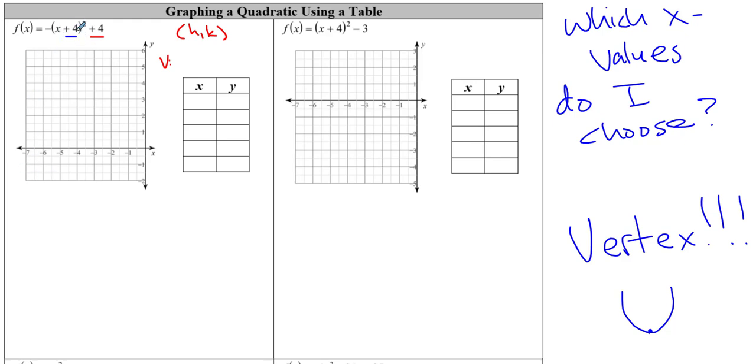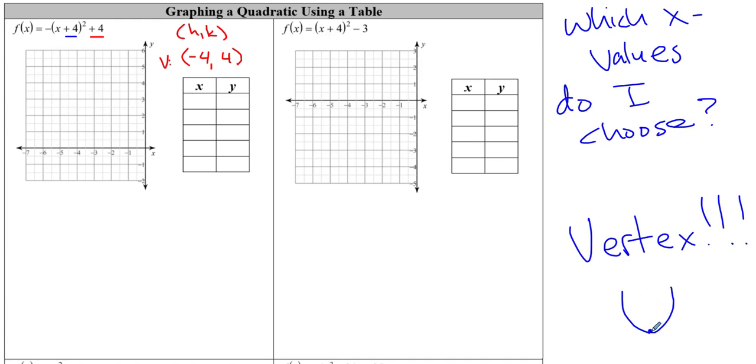But we know that h is always the opposite of the sign that I see. So if I see a positive 4, I am looking for a negative 4. And if I have a positive 4 for my k value, that one is always as is, it is the real deal. So that's going to be a positive 4. So now I found my vertex.